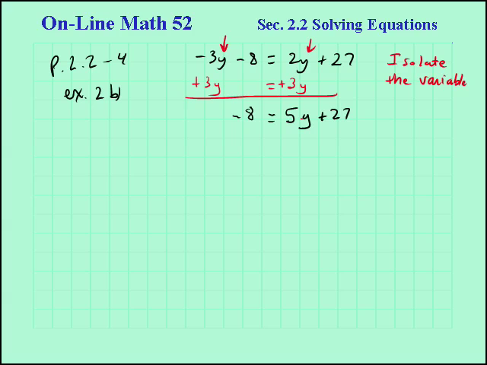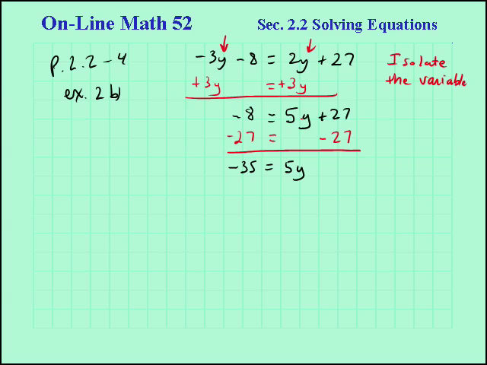So we've got to clear the positive 27 and the 5 times, and we're going to do so by adding the opposite of 27, negative 27, to each side. And in doing so, we'll get a negative 35 here, equals 5y, and the positive 27 and negative 27 become 0 and don't need to be written down.